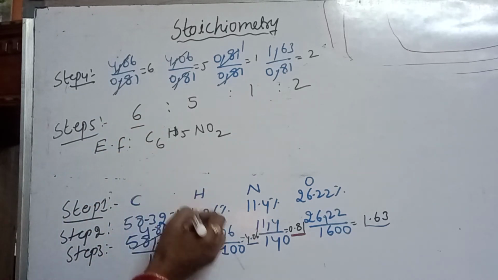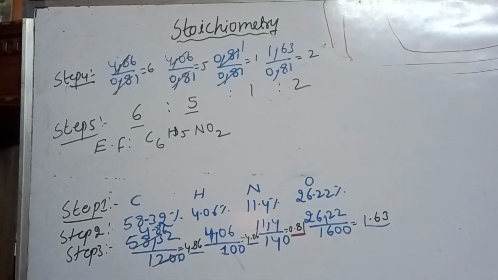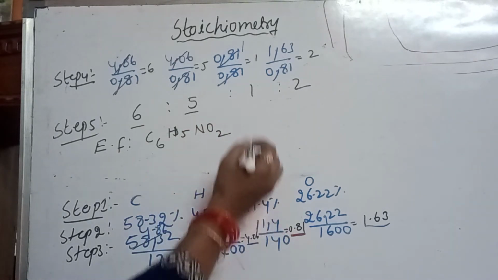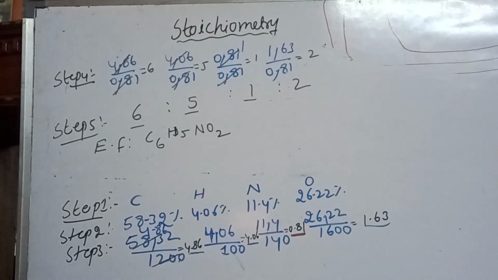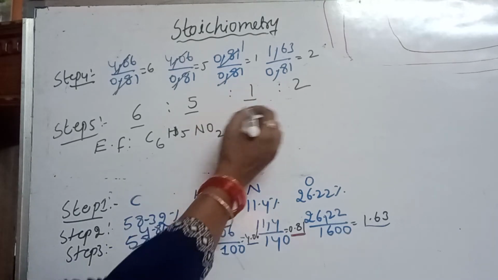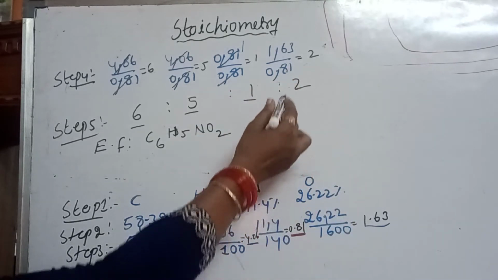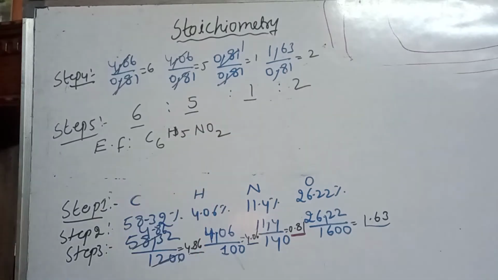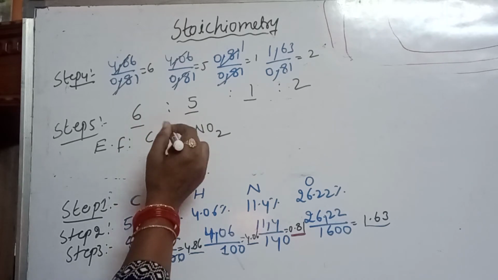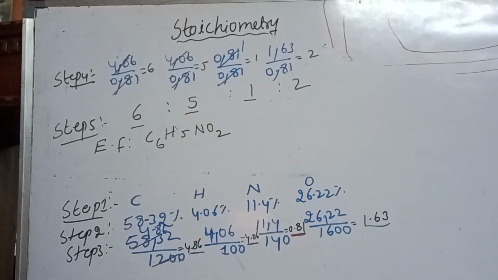The number of hydrogen atoms is 5, so H5. The number of nitrogens is 1, so N1, and the number of oxygens is 2, so O2. From this ratio we write the empirical formula of the given compound.